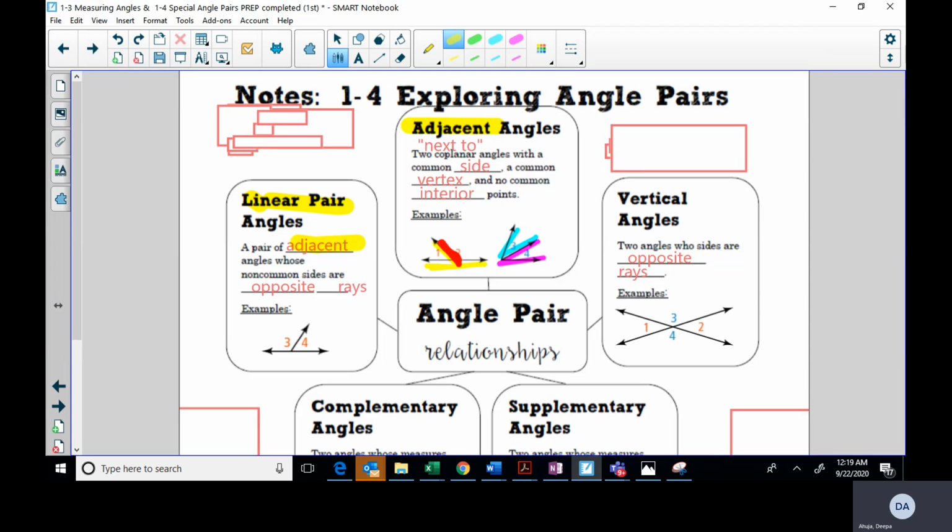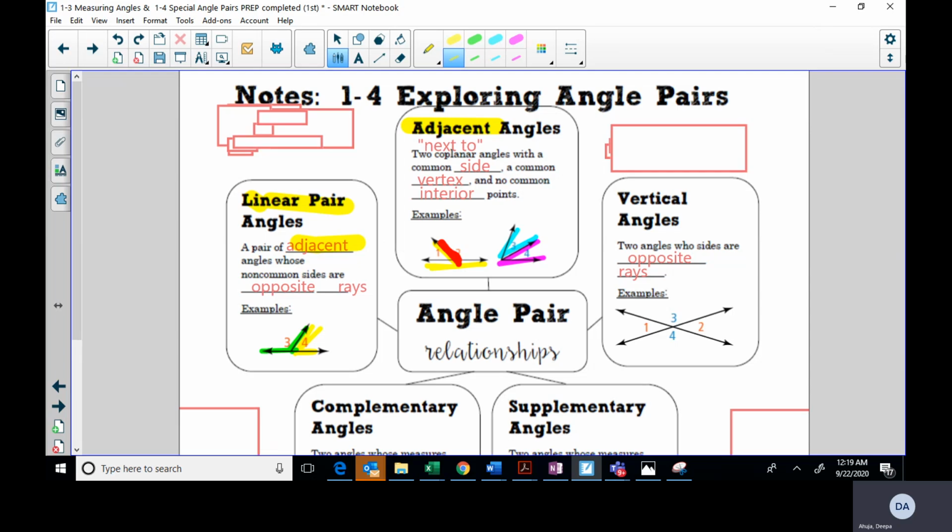Let's look at here. We have two angles here. We can clearly see we have angle 3 and we have angle 4. Do we see any line where we have both the colors on it?